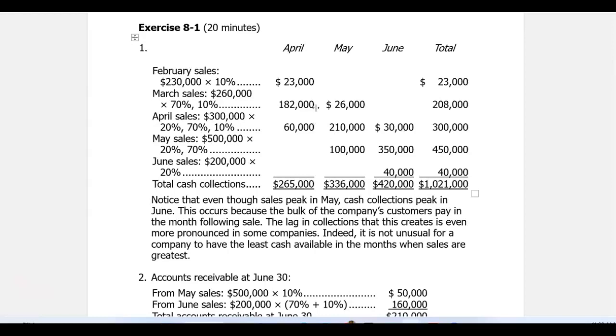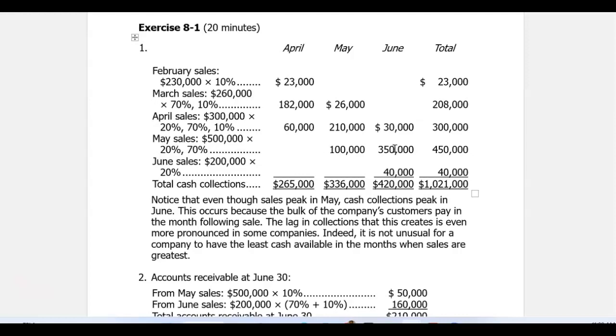Whatever you sell in May, you collect 20% in May, 70% in June, and 10% in July, which is not important at this point. You just keep it as accounts receivable. So in the month of May, whatever you sell, 10% will be collected in July.